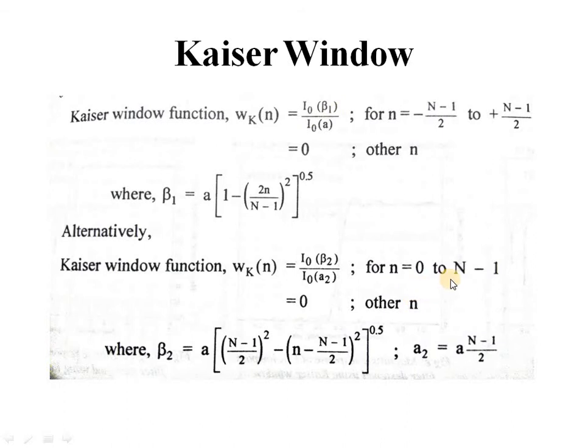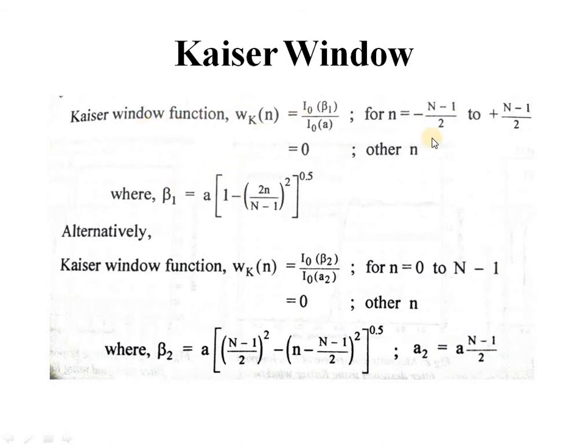The Kaiser window function is generally represented as I naught of beta 1 by I naught of a, for n from minus of (N minus 1) by 2 to plus of (N minus 1) by 2, where beta 1 is equal to a into the square root of 1 minus (2n by (N minus 1)) whole square.